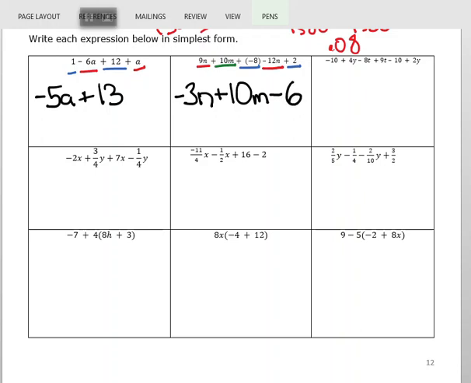You could also put plus negative 6. Now let me go back and recheck that. So I had 9n and negative 12n, giving me negative 3n. I had 10m all by itself. And then I had negative 8 combined with positive 2 to give me negative 6. So I'll write this like this too. Negative 3n plus 10m could also equal plus negative 6. Either one of these, it's fine. They're equivalent.